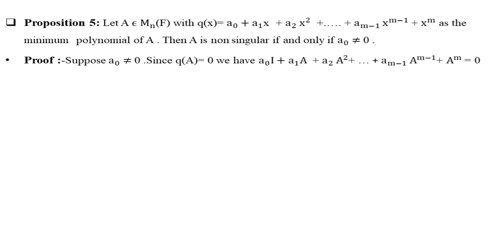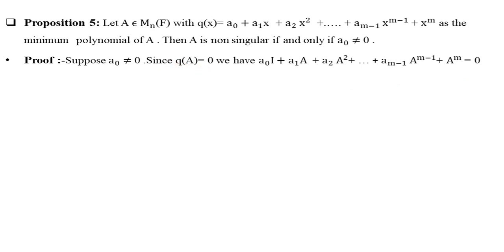For that, here see, we use the hypothesis since q of A equal to 0 because q of x is the minimum polynomial of A. So, A satisfies this polynomial. That means q of A is 0. We substitute here a0 plus a1A plus a2A square etc. Last term A power m that is equal to 0 because of this.